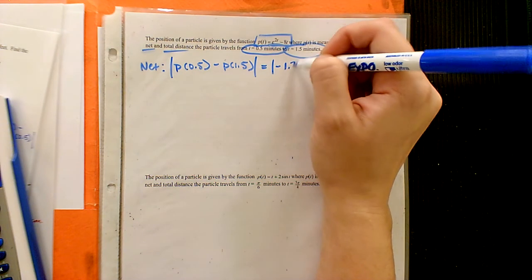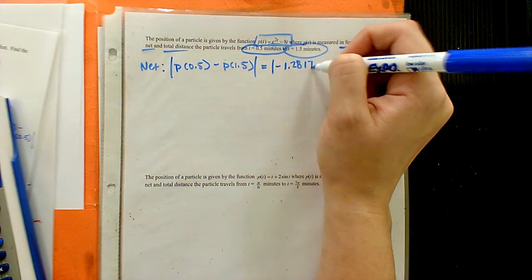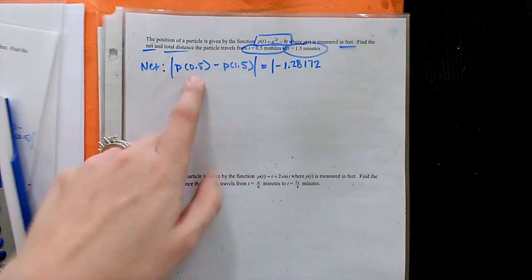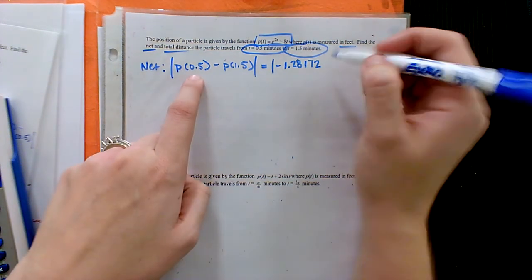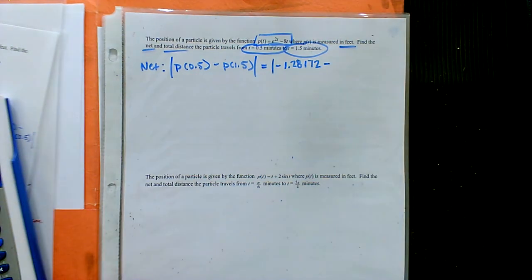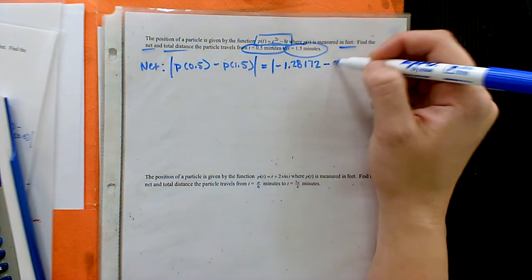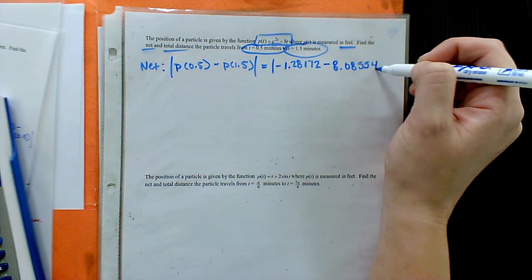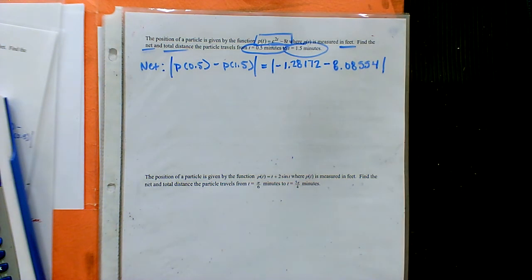I got negative 1.28172 if I plug in 0.5. And then I got 8.08554 if I plug in 1.5.